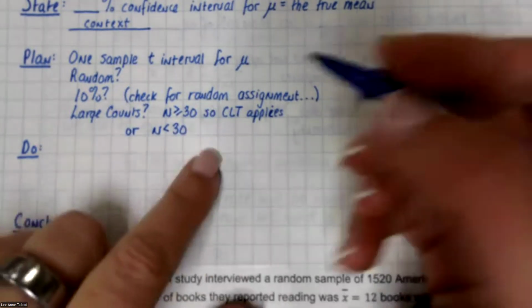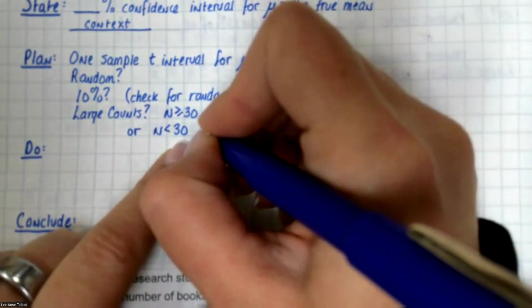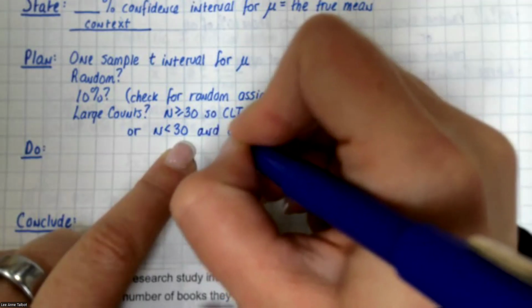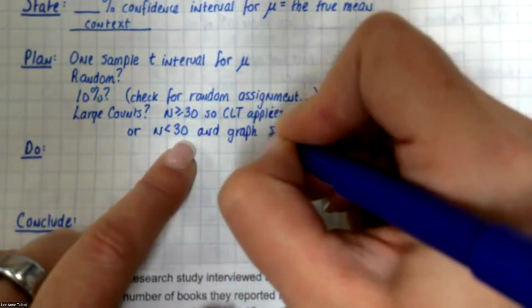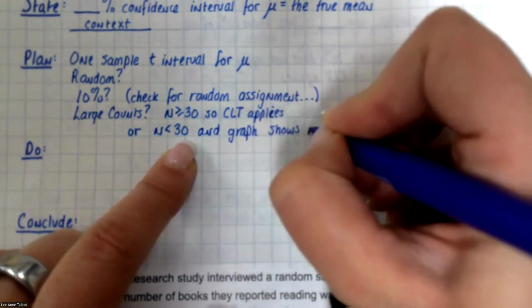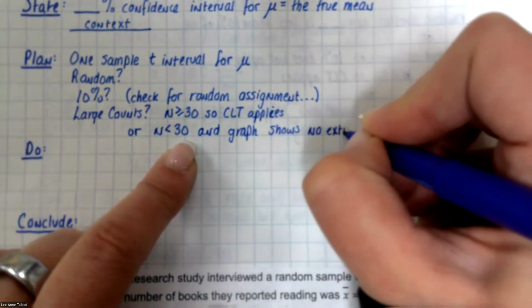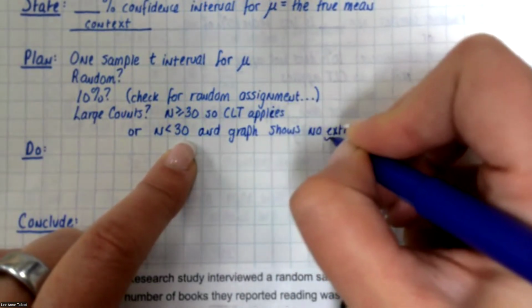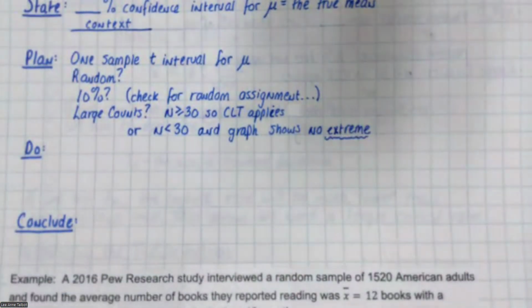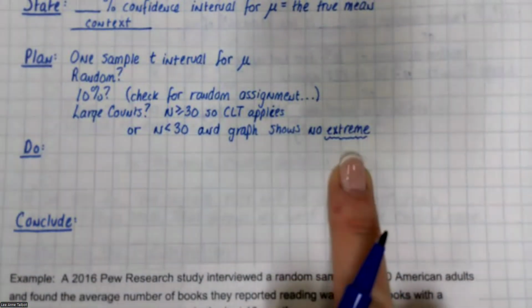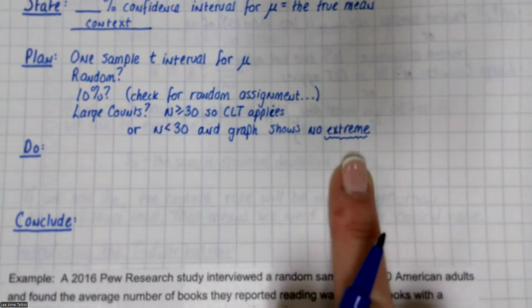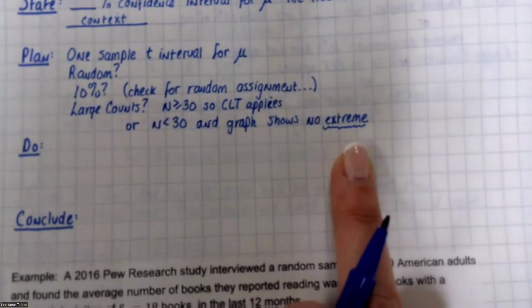Okay, so what we're going to say is, or n equals 30 and graph shows no extreme. I want you to think about when I say this word here, extreme, I'm going to give you two options. You can either imagine a voice in the Slim Jim commercial, or you can imagine a commercial for a monster truck show.